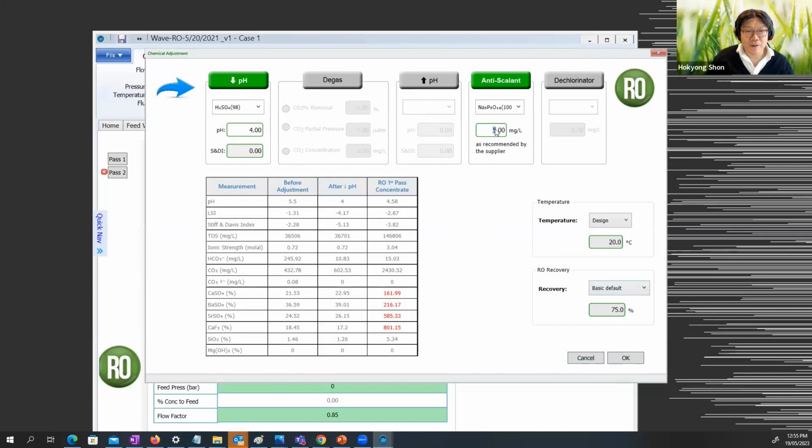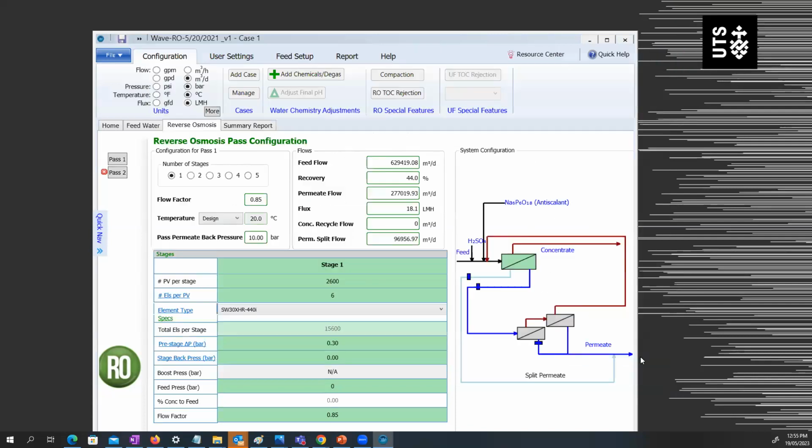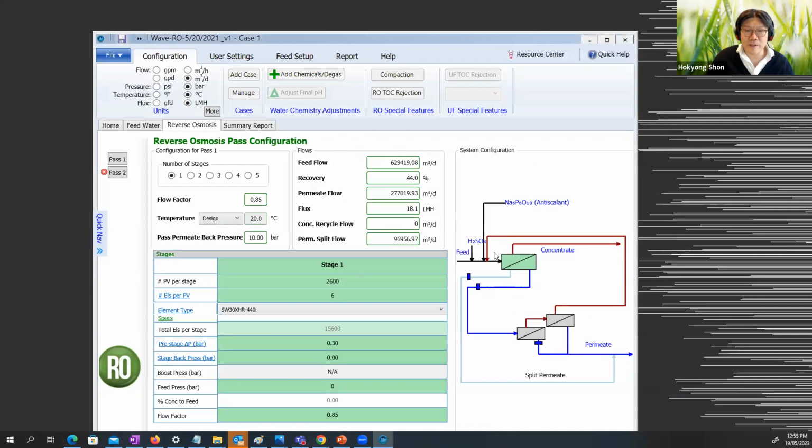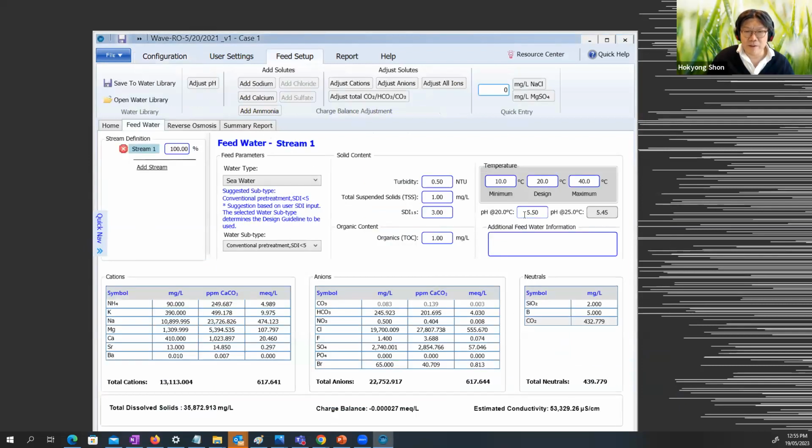That's how you can calculate. The pH you can change in front of your array, but what you are having here is receiving your water from pretreatment.